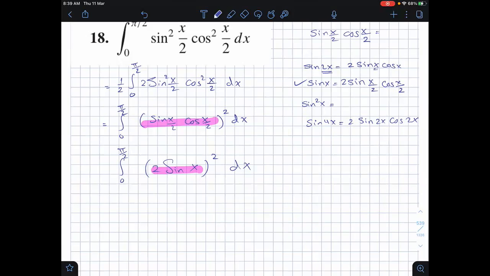Okay, so 2 sin x over 2 cosine x over 2, the 2 becomes 4 when squared. Sin x is equal to 2 sin x half cosine x half.